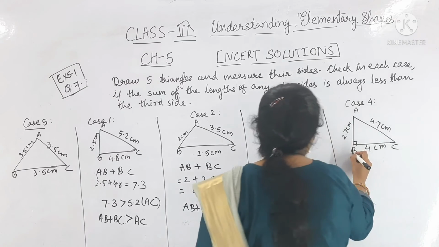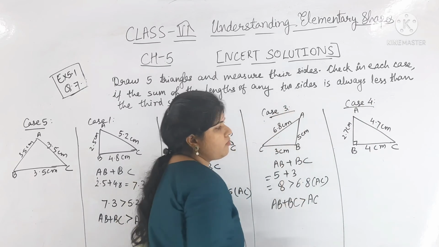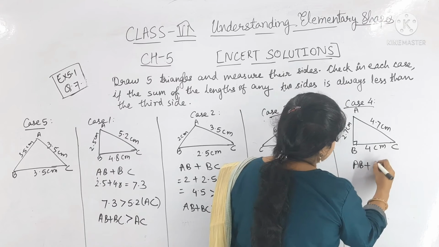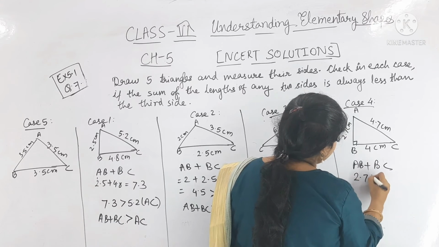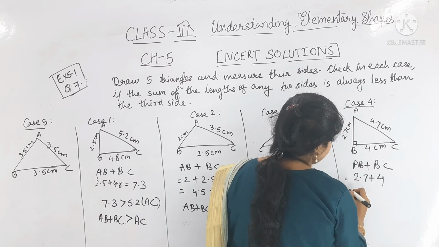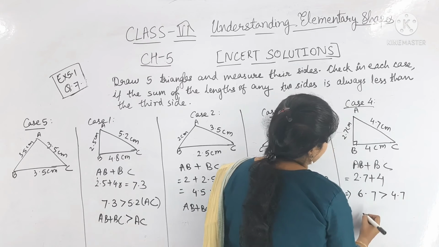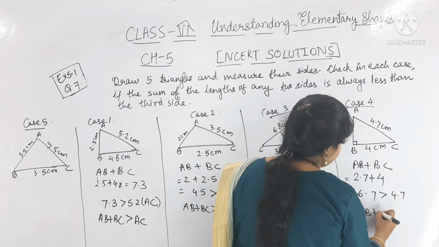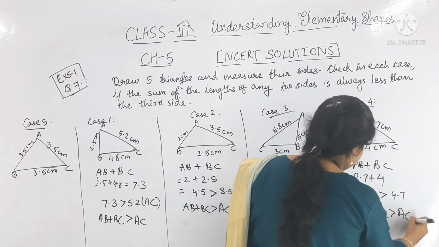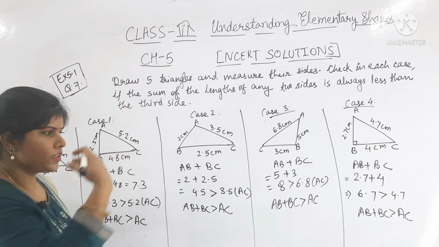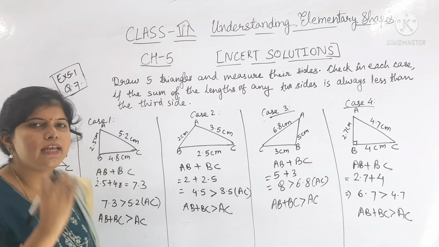Here case 4 you can see, that is the right angle triangle. So here AB plus BC, that is 2.7 plus 4, so 6.7 is greater than 4.7. So here AB plus BC is greater than AC. Here also in this case, sum of two sides is greater than the third side, not less than the third side.